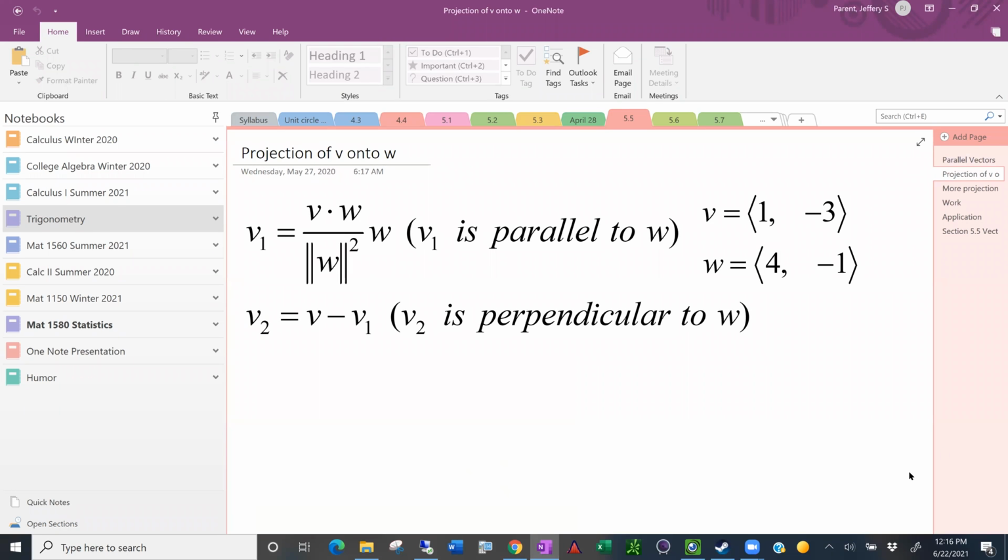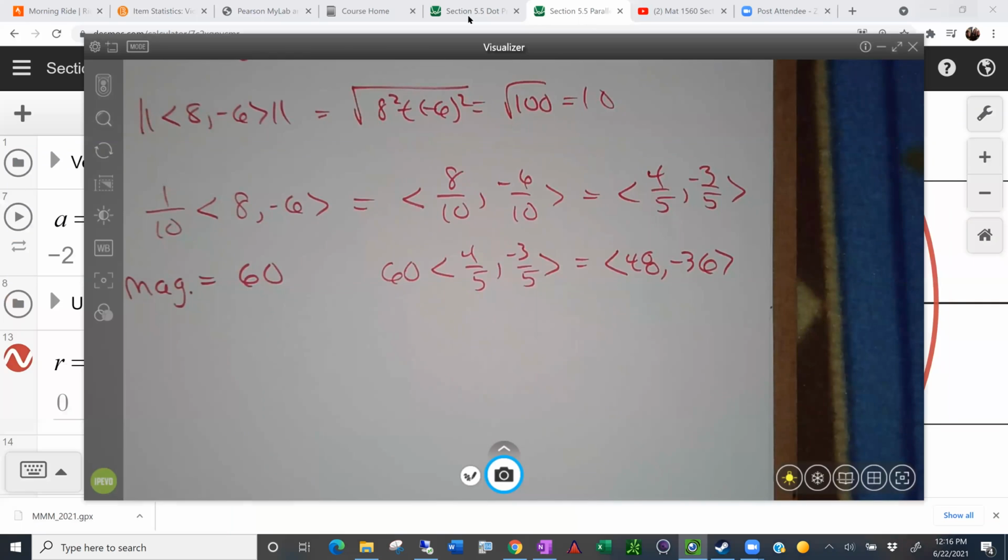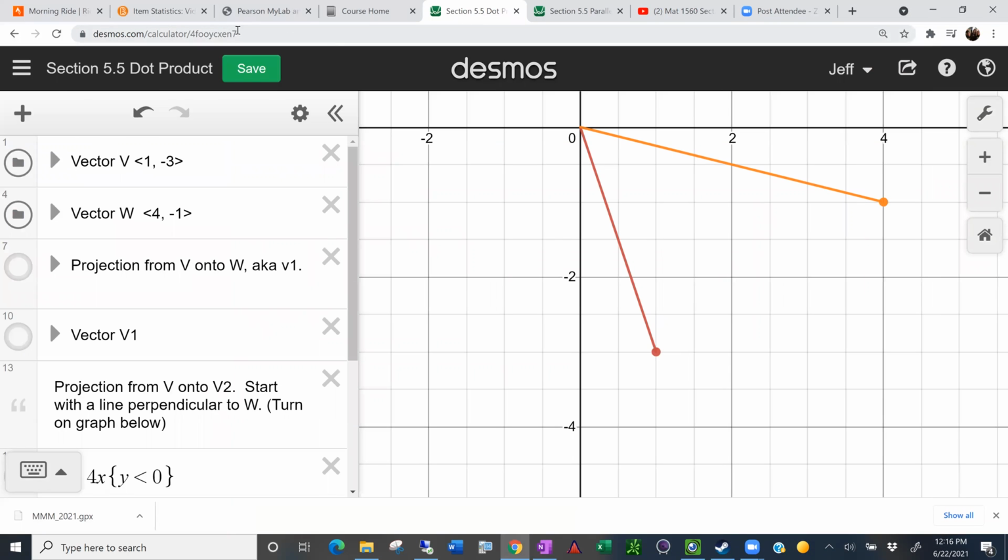Now, a problem that you're going to run into quite often in this section is something like this, where you're asked to find a decomposition of a vector or projection of V onto W. Let me explain what that's going to be visually. I'm going to use another Desmos example.